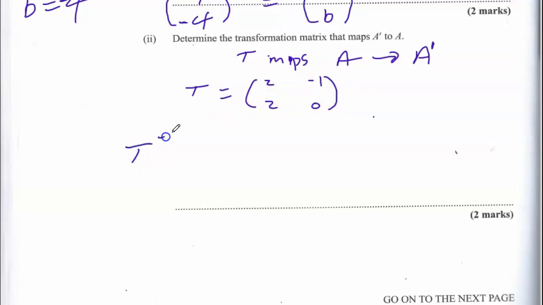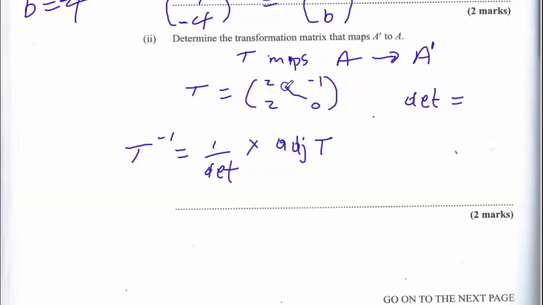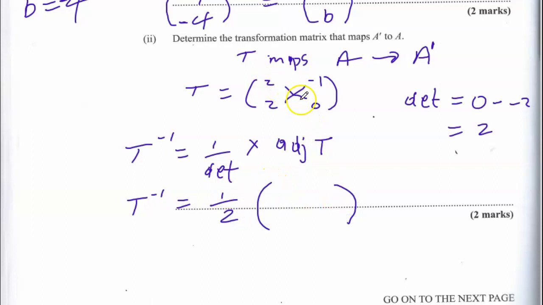Now the inverse of T is 1 over the determinant of T times the adjoint of T. For the determinant of T, we can just cross multiply and subtract the diagonals. So it's 0 times 2, which is 0, minus 2 times minus 1, that's minus 2. So the determinant is actually positive 2. T inverse would be 1 over 2, and for the adjoint, the leading diagonal elements swap places and the other diagonal elements change signs.